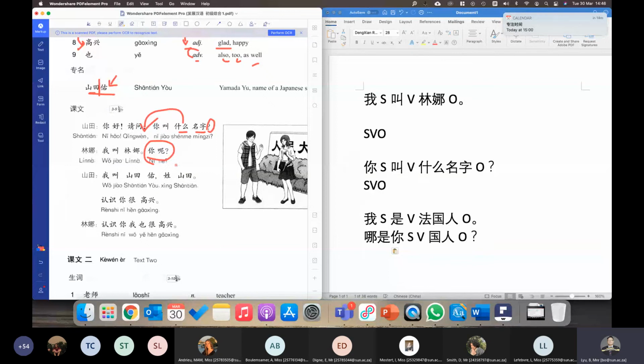They will use the shortest way if the context is sufficient. 我叫山田佑, and you? I am called 山田佑, 姓山田. I am surnamed 山田. 姓 here functions as a verb. That's why there's no verb 是. Okay?